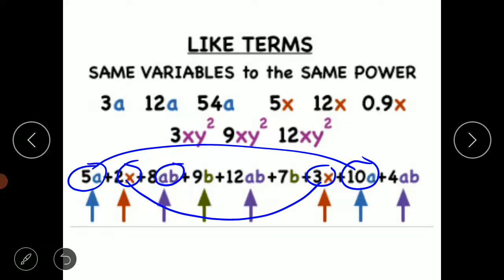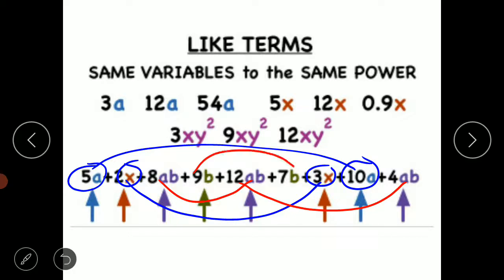This term is an AB term. How do we name it? AB term. So these are like terms: 8AB, 12AB and 4AB. They are AB terms, the variables are the same to the same power.